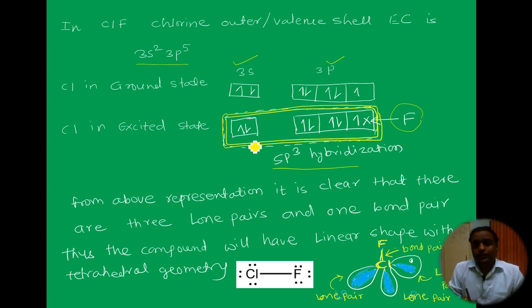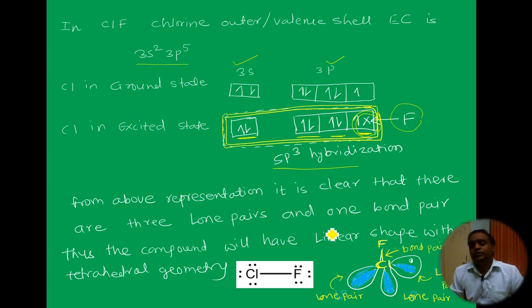Now if you see how many lone pairs will be there, there are three lone pairs. This is number 1, this is number 2, and this is number 3. So these three lone pairs will be present in that molecule, and there will be one bond pair. So from the above representation, it is clear that there are 3 lone pairs and 1 bond pair.